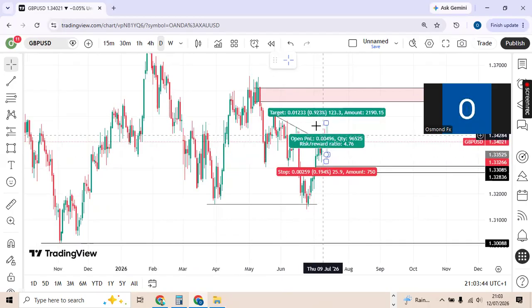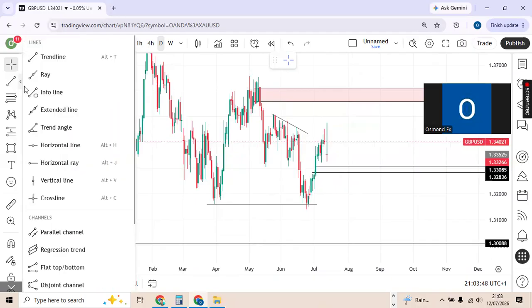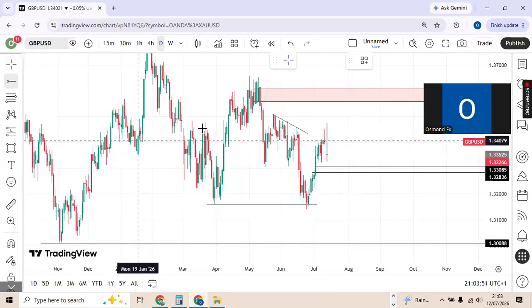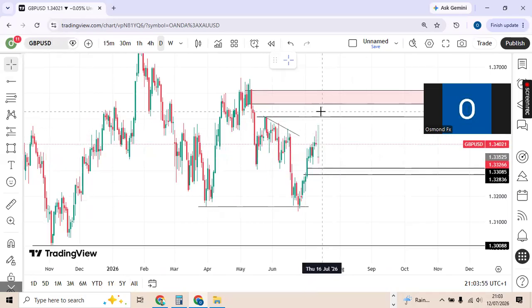So there's a high chance the market is going to come and sweep all the stop losses that are above here. Then it taps on this upper supply zone, and we see a further sell to the downside.